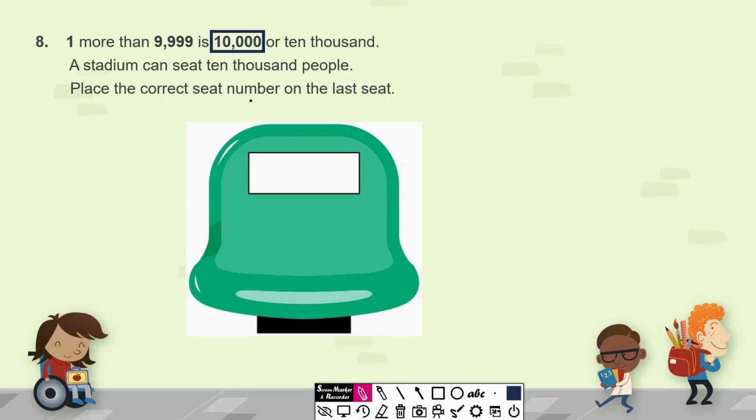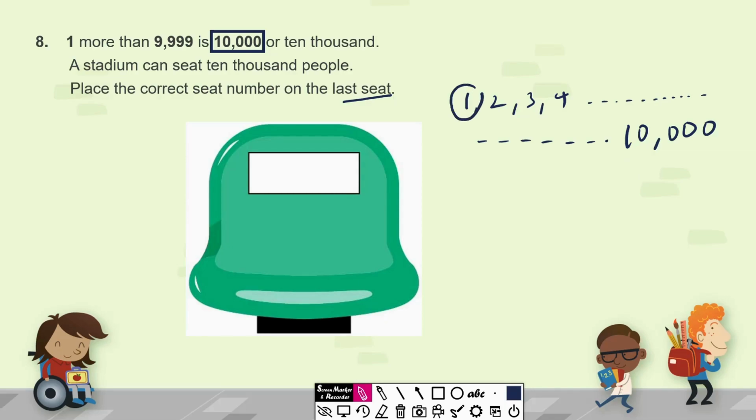Place the correct seat number on the last seat. So the stadium starts from number 1, then 2, then 3, then 4, and it goes all the way till 10,000. So the seat number at the first seat is 1.